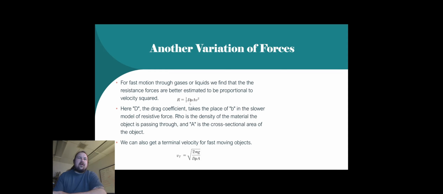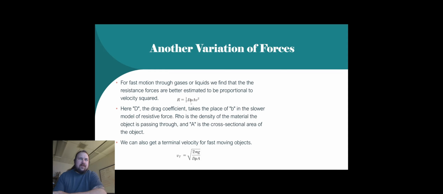And this is always what companies are trying to reduce to make cars get better gas mileage, or rockets to go into space. The smaller the drag coefficient, the less the resistive force, and the higher speeds things can reach. So the drag coefficient is what that's known as, the capital D.